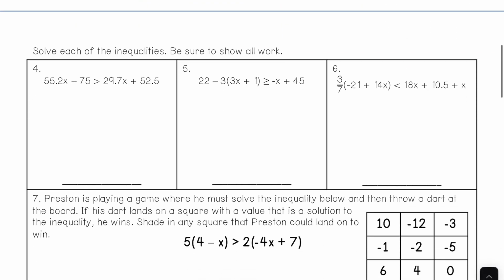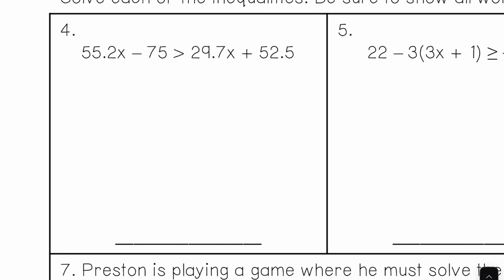Alright, so let's continue on the back side. For this piece here, again, I want to see if we have any like terms to combine or anything to distribute. It looks like we don't. So again, my first step is moving my x's to the other side.